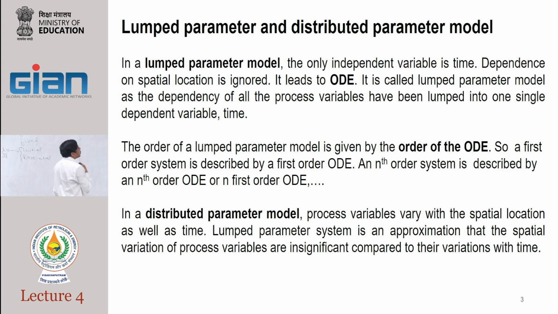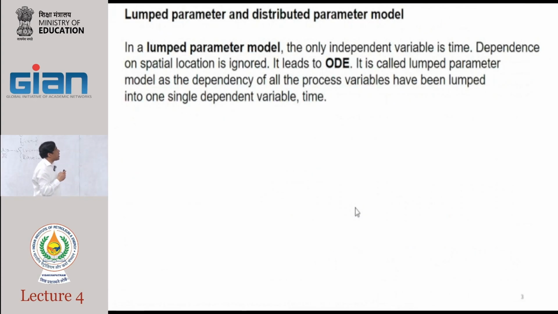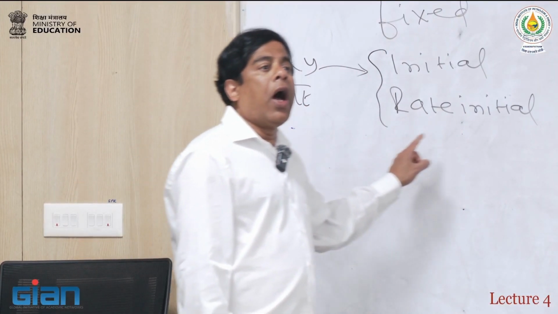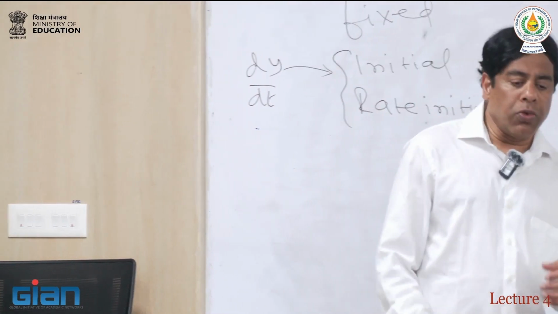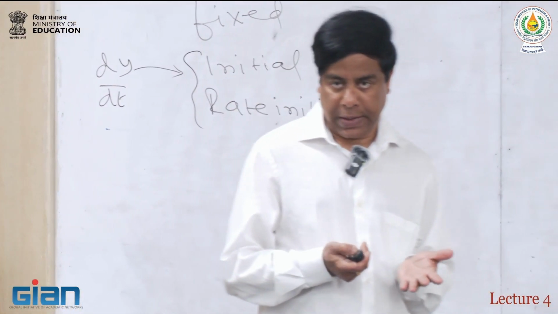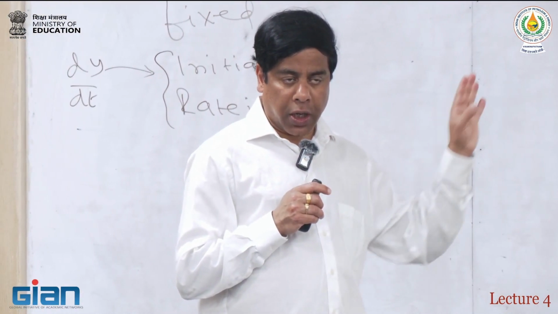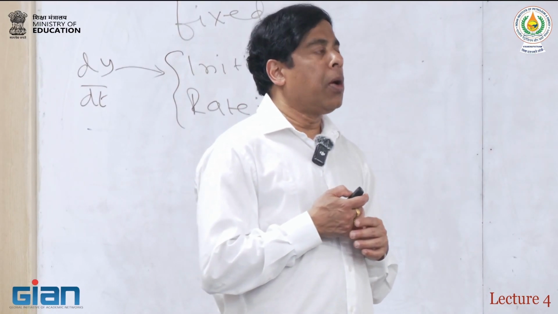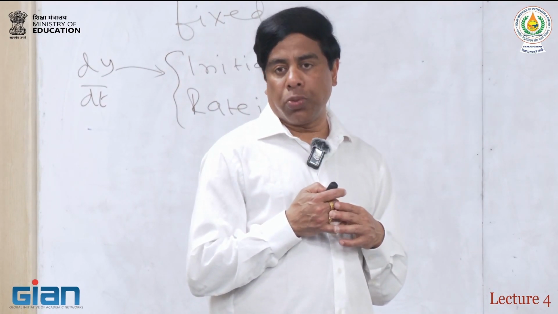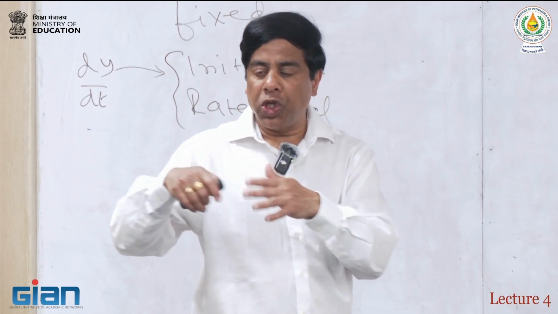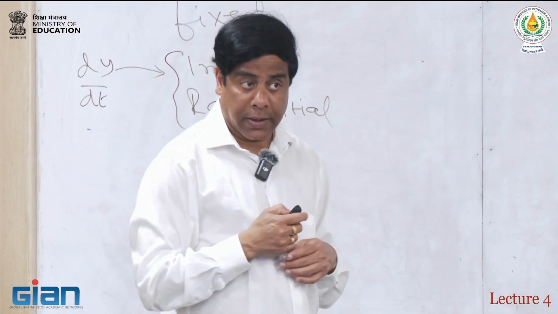There is also the other question of the lumped parameter and the distributed parameter model, right? When you do the lumped parameter model, the only independent variable is time. We're basically saying I am ignoring the variation with respect to space. When you think about an adsorption process, and we'll be going deeper into it later on, there are a lot of changes happening with respect to space.